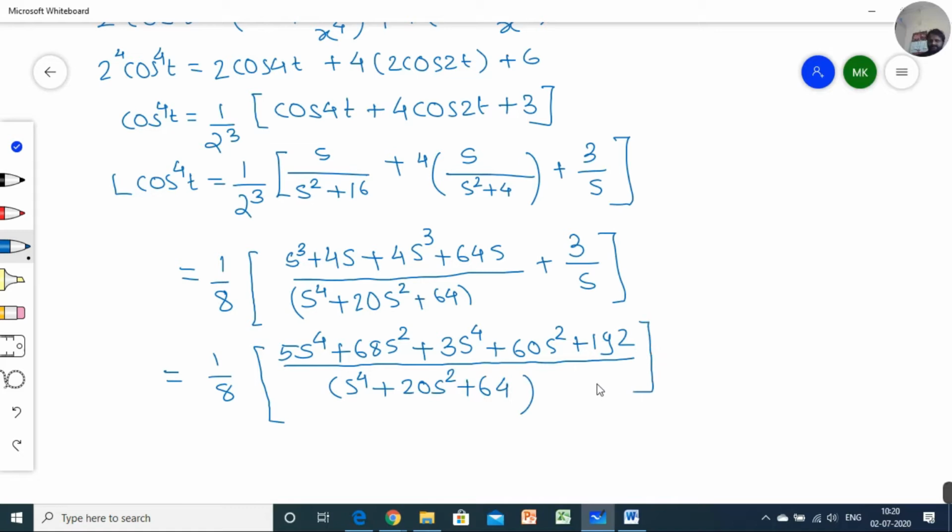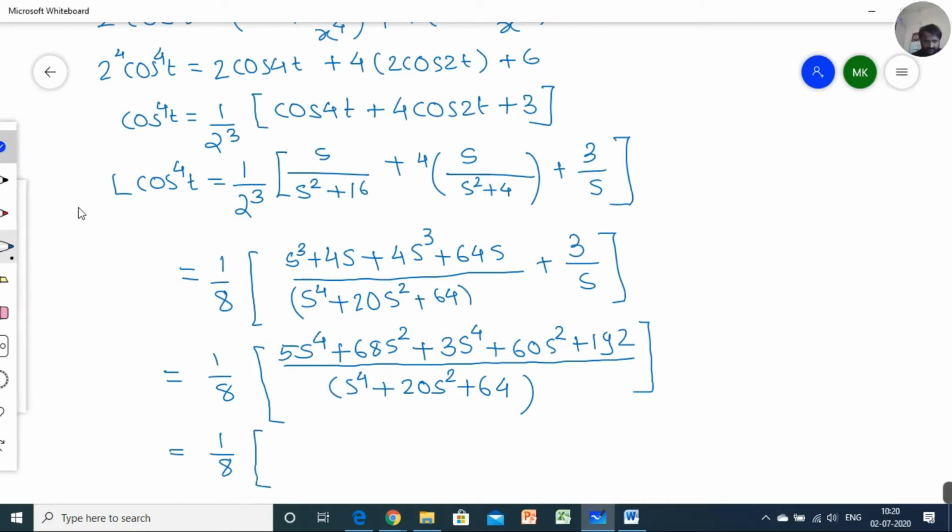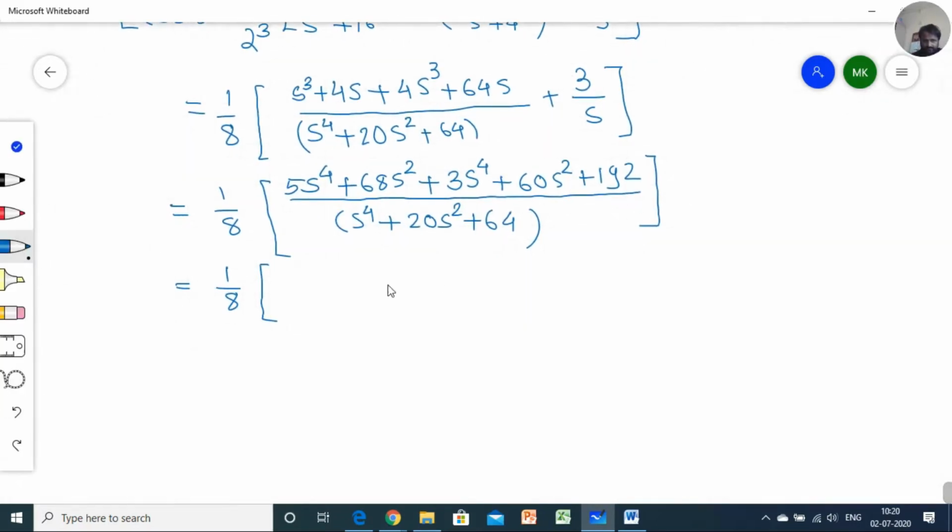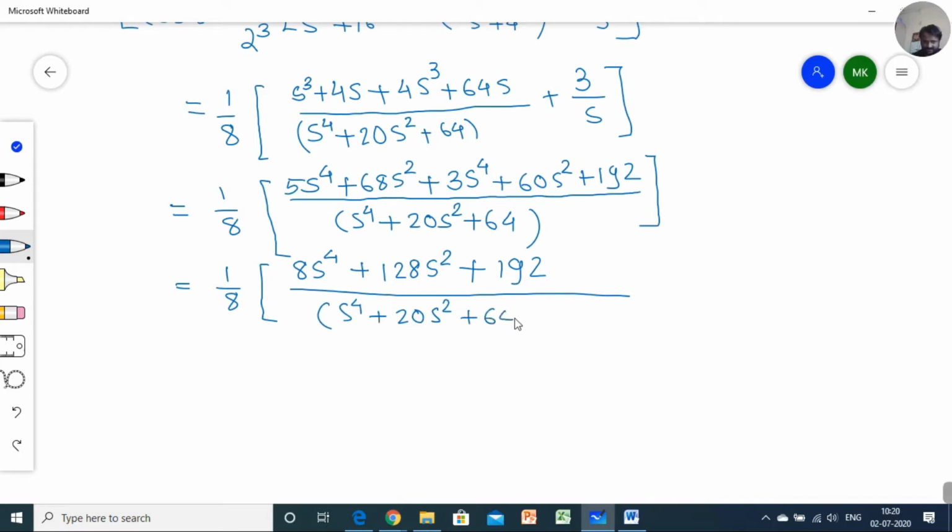Now after simplification, if you see, there is power 4, so we can write it like 1 by 8 into 8s raised to power 4, 68s square plus 60s square, so adding both the terms, 128s square plus 192, divided by s raised to 4 plus 20s square plus 64.